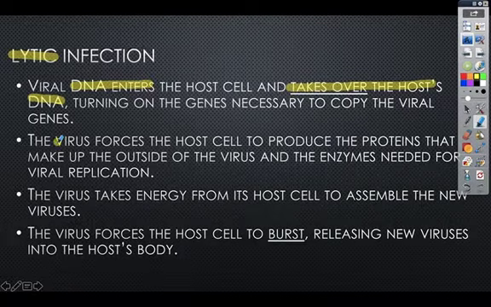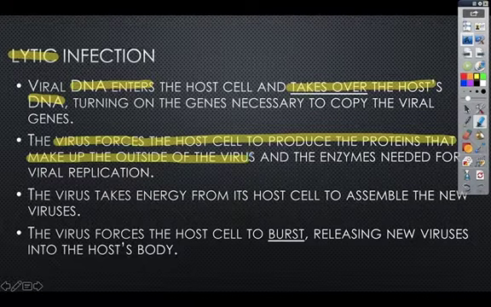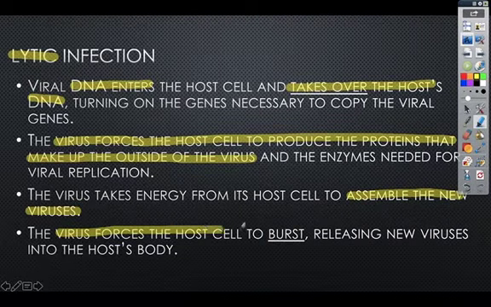The virus forces the host cell to produce the proteins that make up the outside of the virus and the enzymes needed for viral replication. Then the virus takes energy from its host cell and assembles new viruses. So it just basically turns that cell into a virus-making machine. And then the virus forces the host cell to burst, and it releases new viruses into the host body.